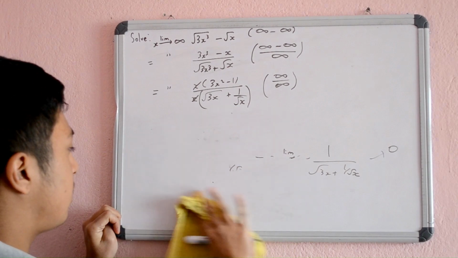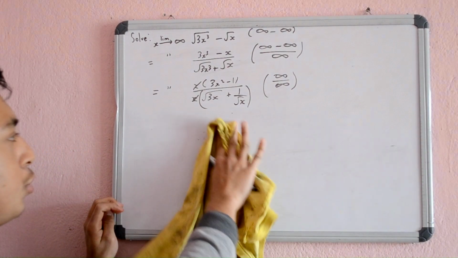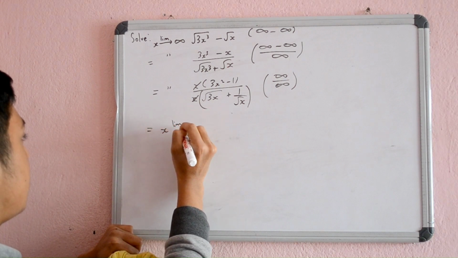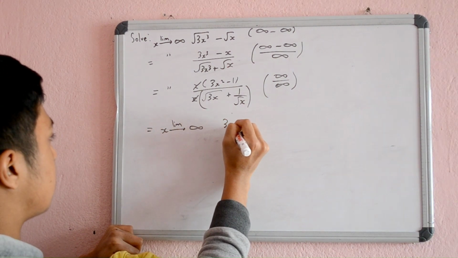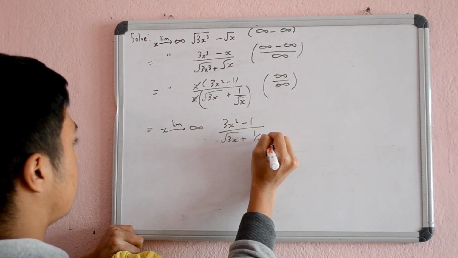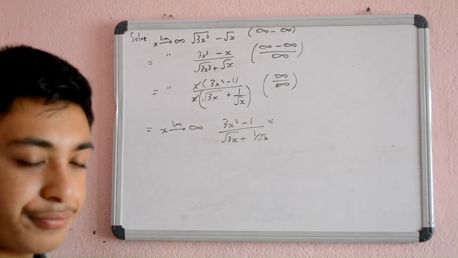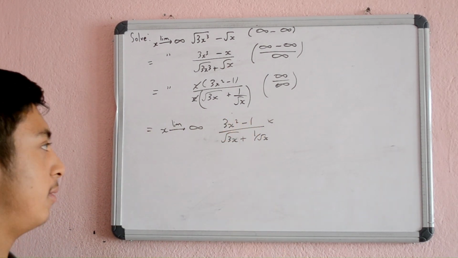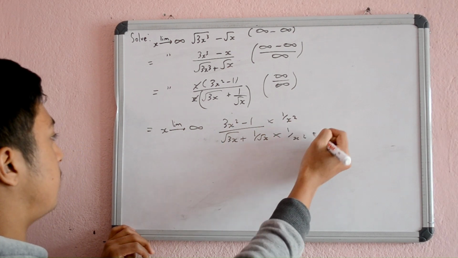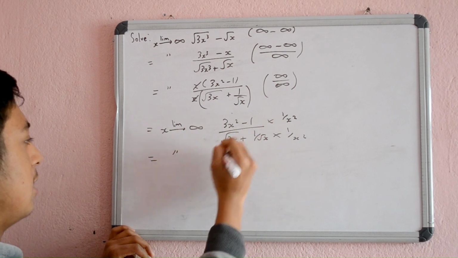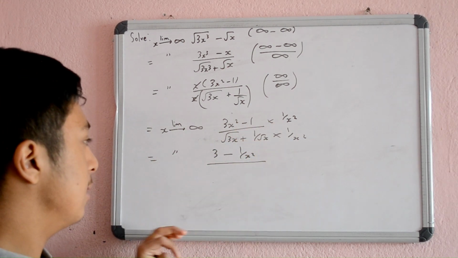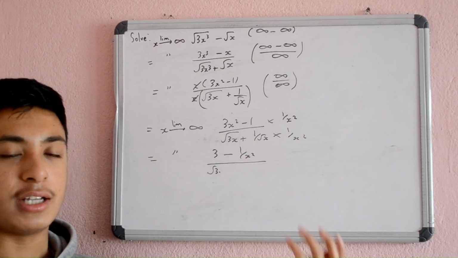But I think the next process should count, because here we have the limit as x goes to infinity of 3x squared minus 1 by root 3x plus, now I don't want to see this x squared, so multiply by 1 by x squared, 1 by x squared as well. The x squared gets removed, this just goes below, root 3 into root x by x squared.